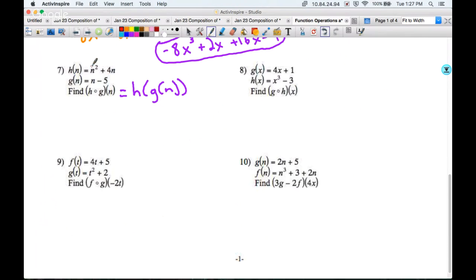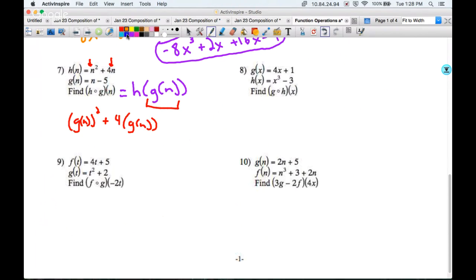So I need to replace the n's right here and here with what I'm evaluating at, and what I'm evaluating at is g of n. So n squared plus 4n becomes g of n squared plus 4 times g of n. And now I can replace the g of n's with their expression, which is n minus 5.